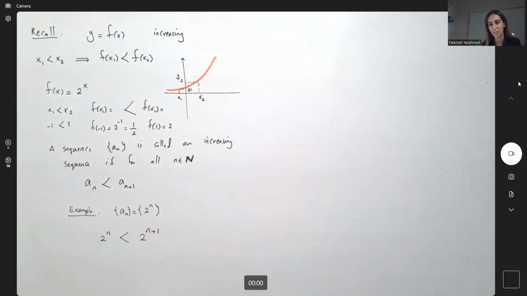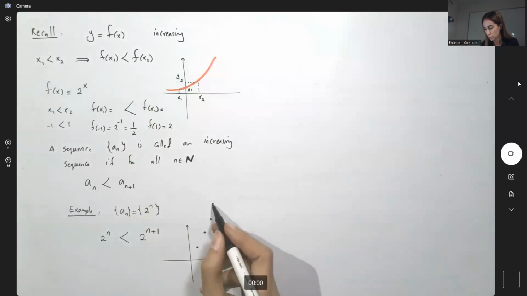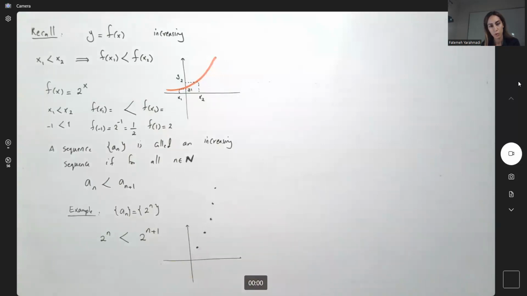You can select different natural numbers and show that 2 to the power 1 is less than 2 to any higher power. So again, you can observe the behavior on the graph from left to right: 1, 2, 2, 4, and the graph is increasing.